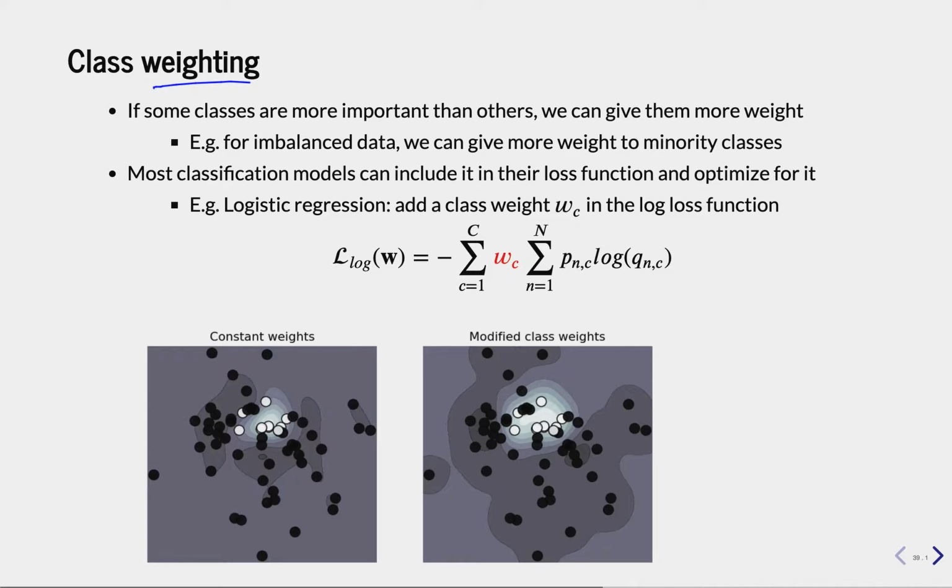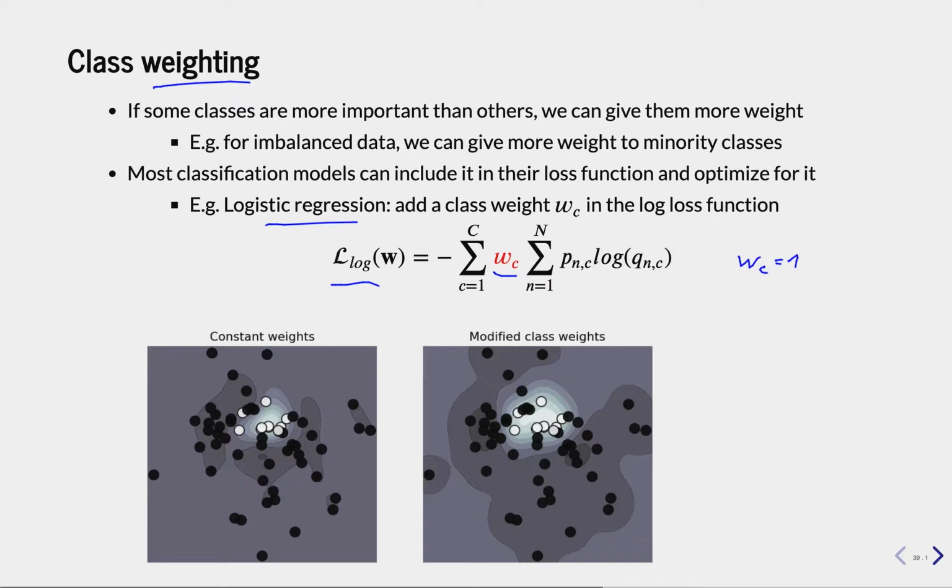For instance, in logistic regression, we can add this class weight to our log loss function. The normal logistic regression would have all the classes have an equal weight. Right?